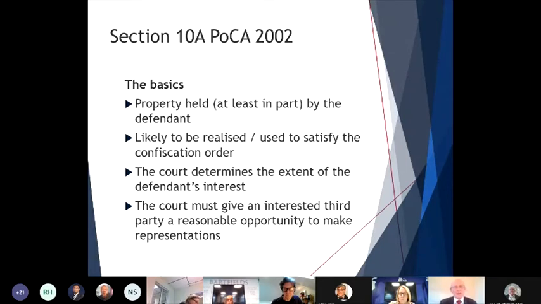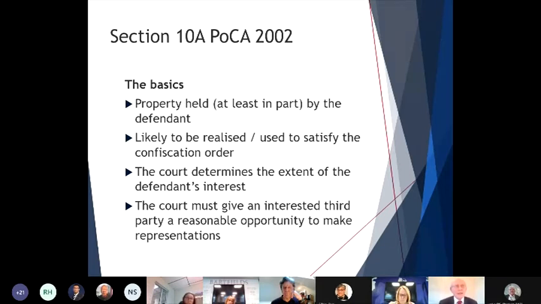Now, one of the things about Section 10A is that we need to be aware that the court can proceed and complete a confiscation without applying Section 10A at all. So we may be in a situation where, say, a straightforward situation, husband and wife own the matrimonial home, the land registry title is in both their names, and the court may consider that each of them has 50% of the equity.